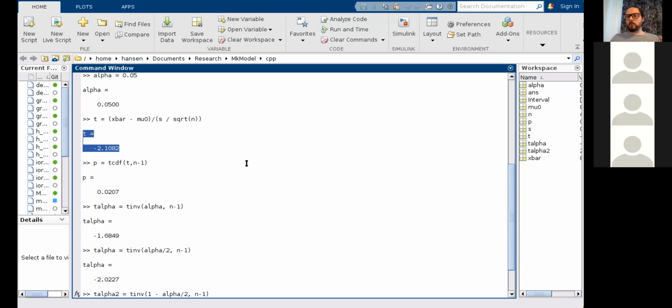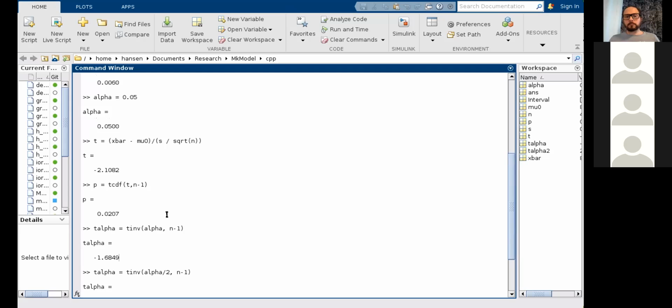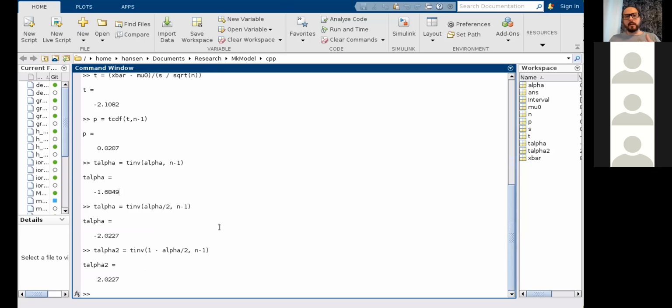Everything is not okay. Everything would be okay if it's above this. On the other hand, if we use the two-sided test with alpha over 2, then alpha over 2 would be 0.025. The p-value is still below that.